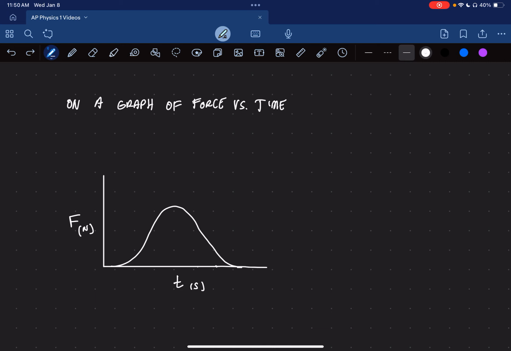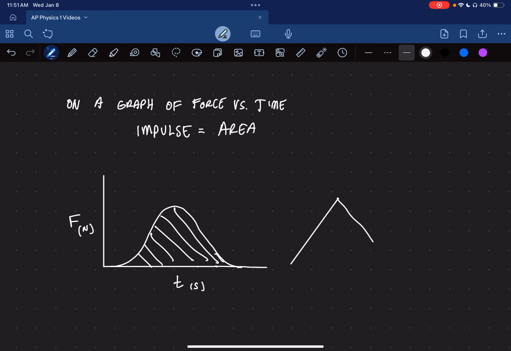So on a graph of force versus time, the impulse is equal to the area under the graph, right? Impulse is equal to area. Cool. I think that's it. Of course, on your homework, the lines are straight, so that's easy to calculate, the area underneath that line.